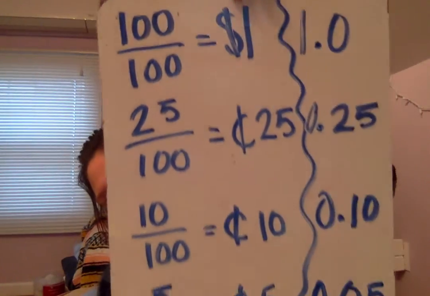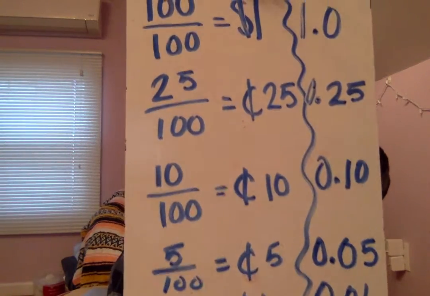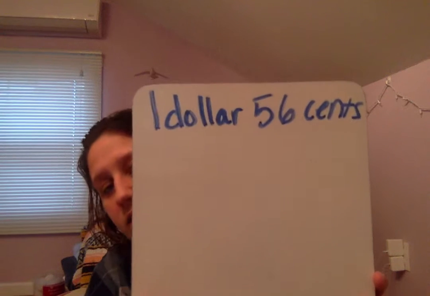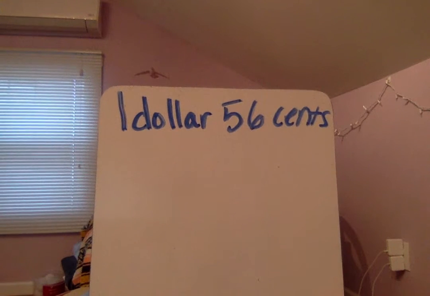So now that we have all those down, now we're going to take a look at a problem. If I could write, let me erase my other board real fast. If I could write $1.56 as both a fraction and a decimal, what would it look like? $1.56.